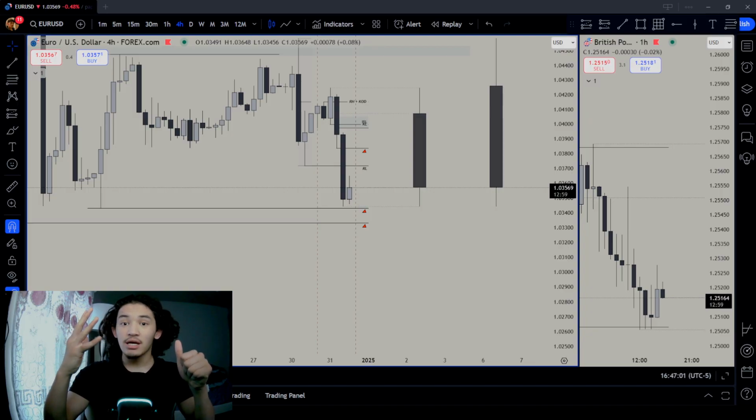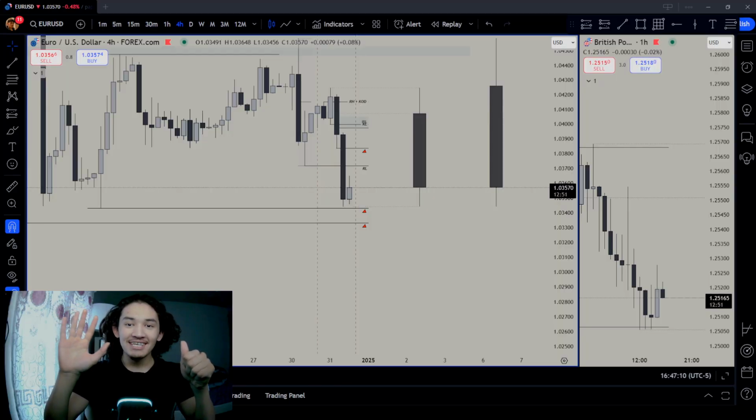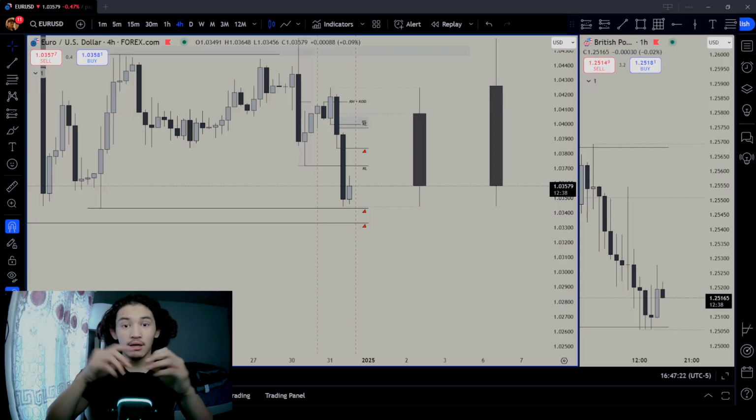Inside of a range, there are 6 entries you can take in one CRT, one range. So every range has 6 entries. That's insane, right? That's the power of CRT.